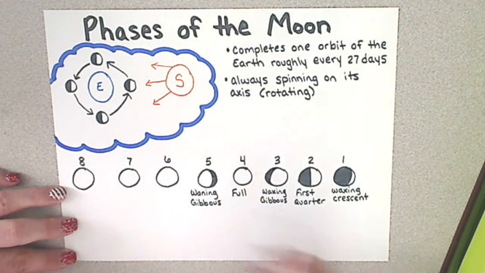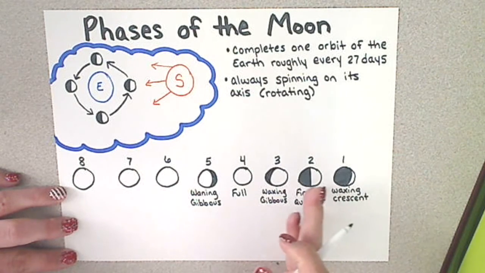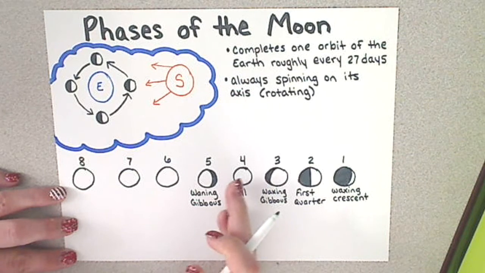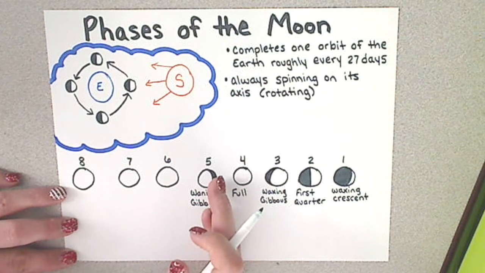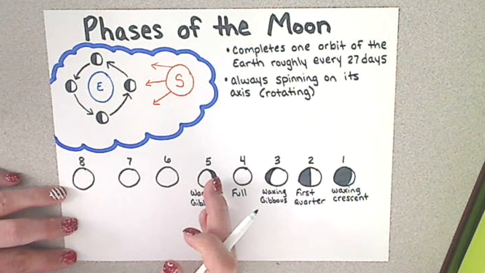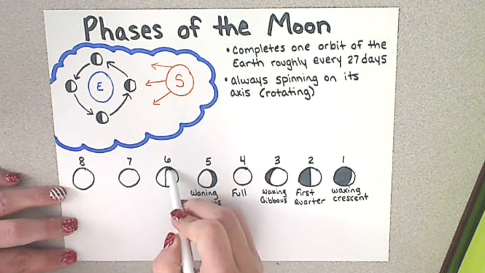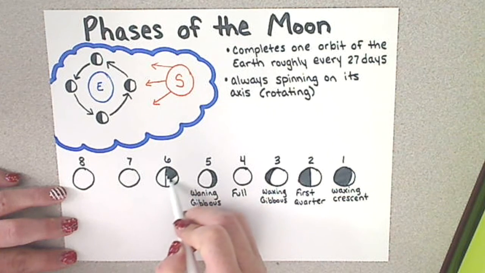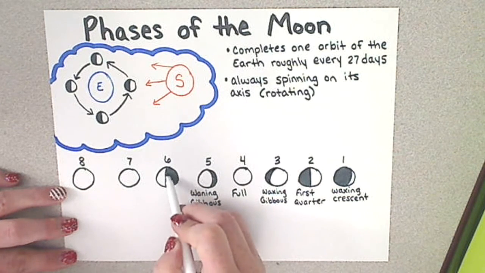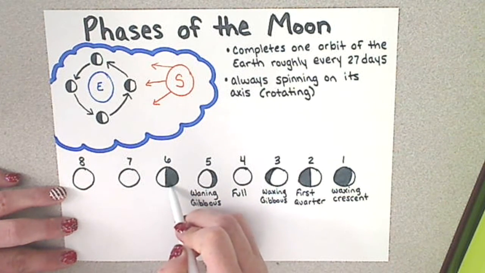So light started appearing on the right until it filled it up, and now darkness is starting to appear on the right. And as you see, we'll continue to gain more darkness. And then the sixth step is going to be that last quarter.